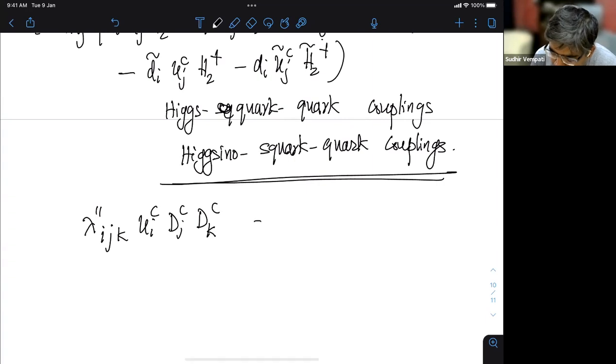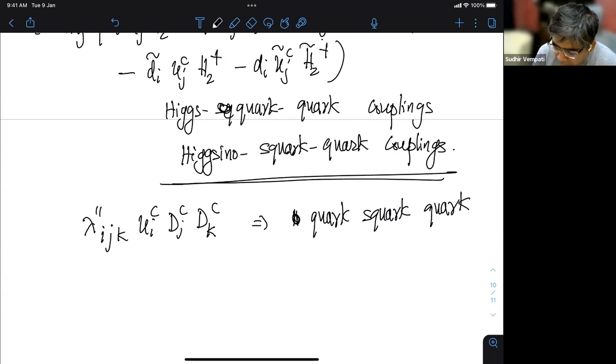This gives me quark quark couplings. Okay.